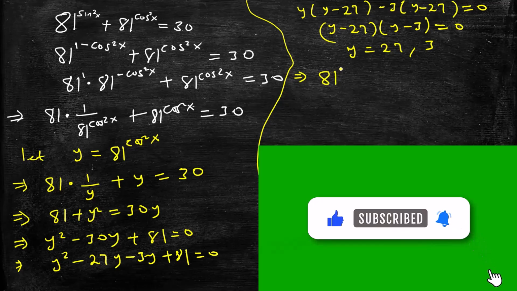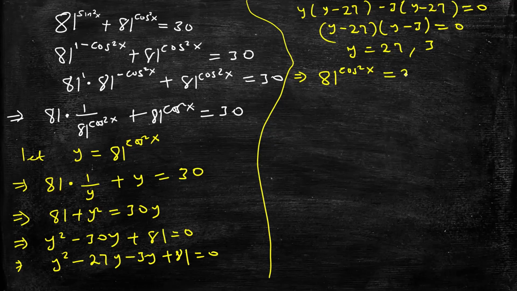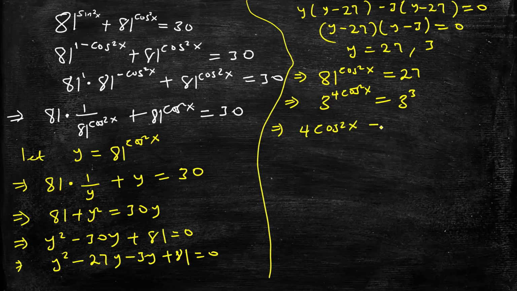So we have 81 exponent cos squared x equals 27. I'll change 81 to 3 to the power 4, so 3 to the power 4 times cos squared x, and 27 is the same as 3 to the power 3. So we have 4 cos squared x equals 3.